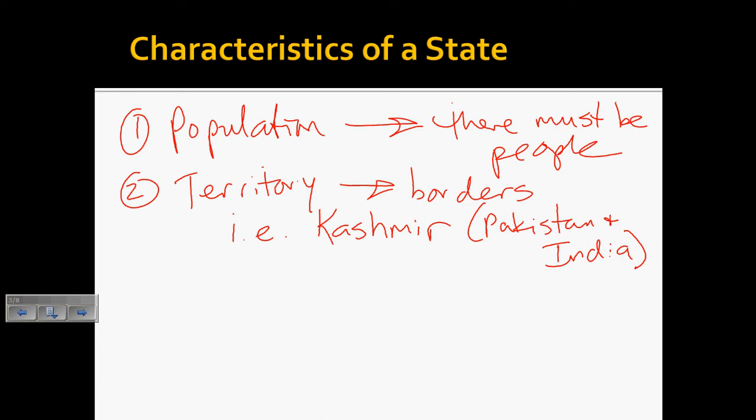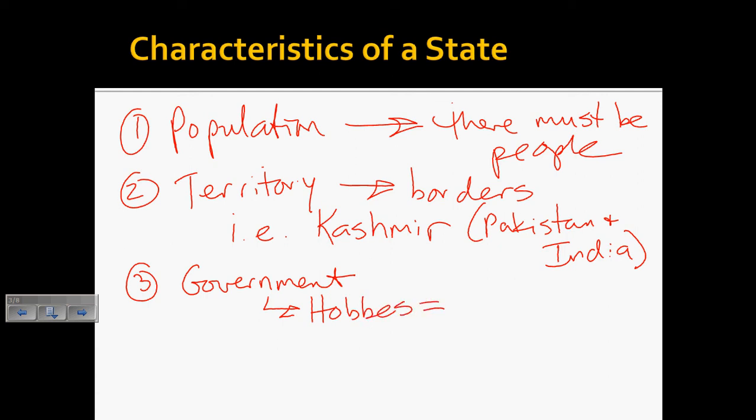The third characteristic of the state is that there has to be a government. It goes without saying, if you've got population, if you've got land with borders, there has to be some sort of government. Thomas Hobbes, the political philosopher from the Enlightenment that we met in the last lecture, says that government is needed to protect what he calls the war of every man against every man.